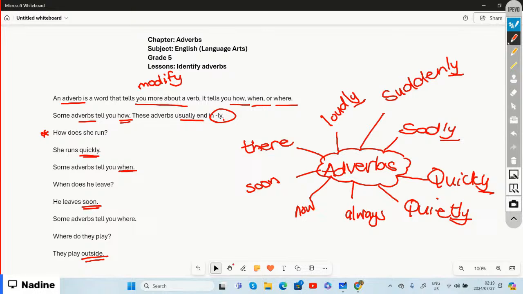And like we say, an adverb is a word that tells you more about the verb, or we can say it modifies the verb. And adverbs either tell you when, where, or how, right? And those are adverbs.